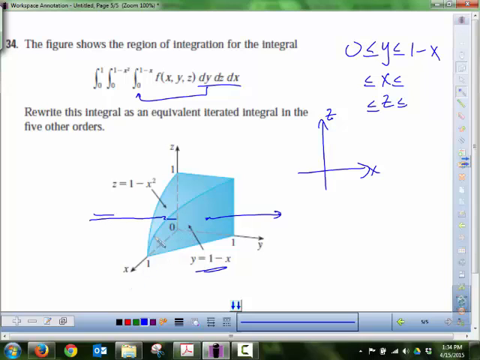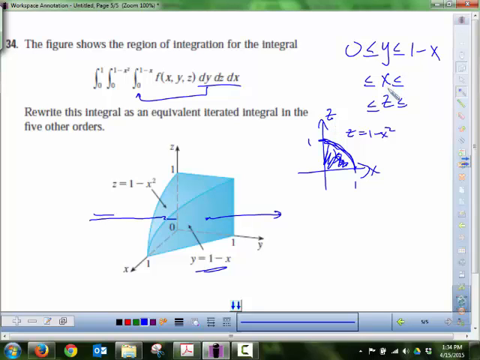Well, I know the function: z is equal to 1 minus x squared. I think that's a downward parabola moving up 1 unit. So this is that piece of the shadow on the xz plane.